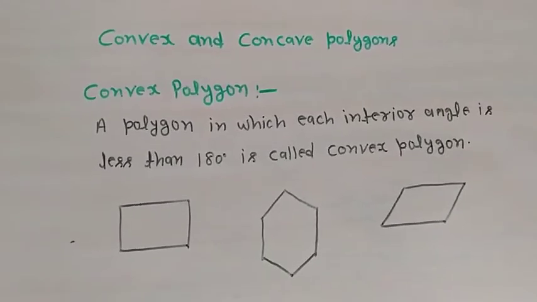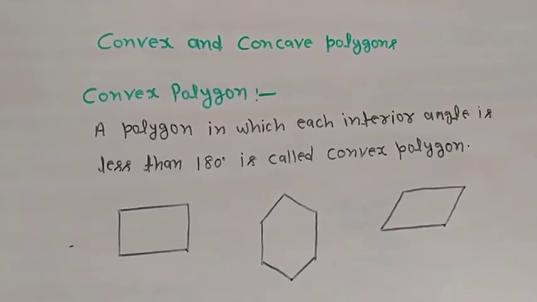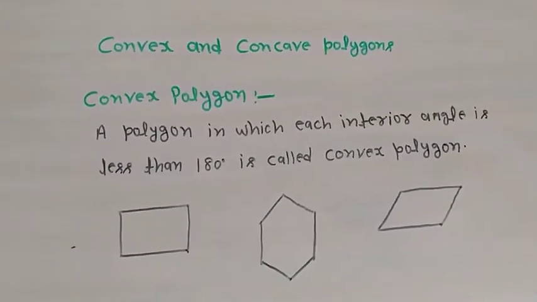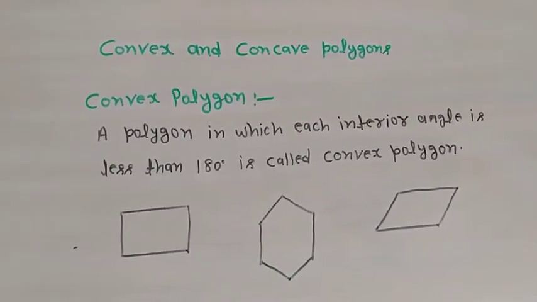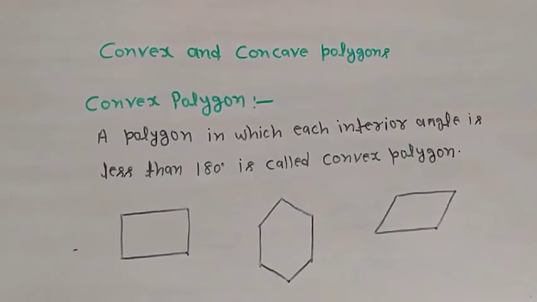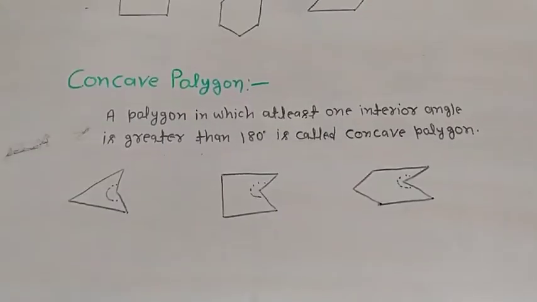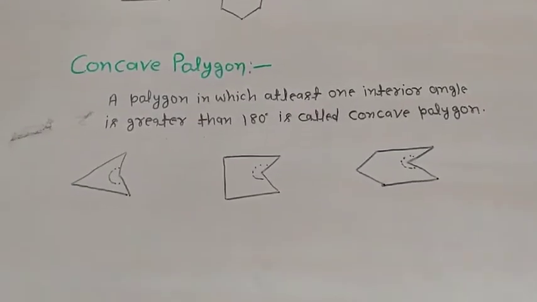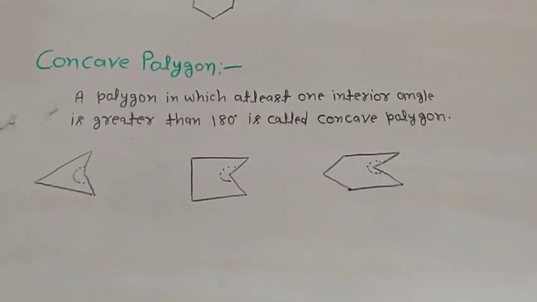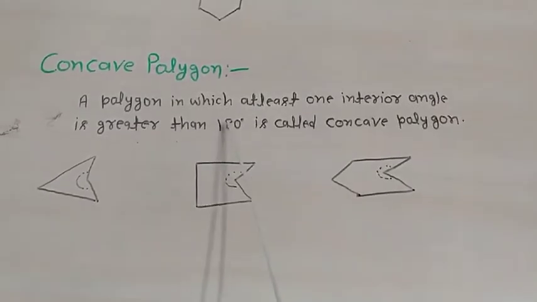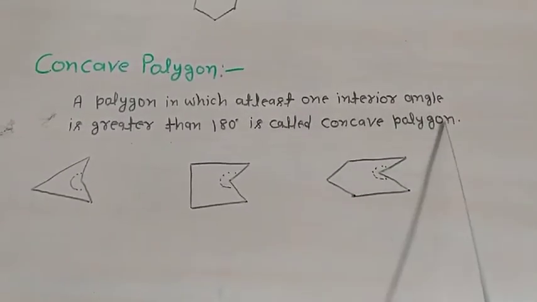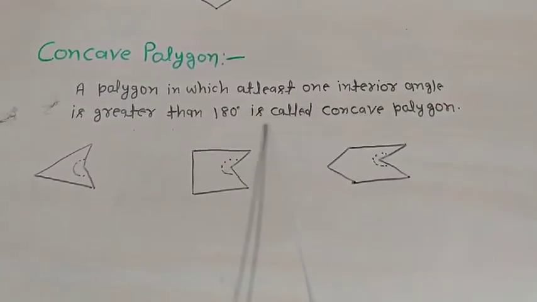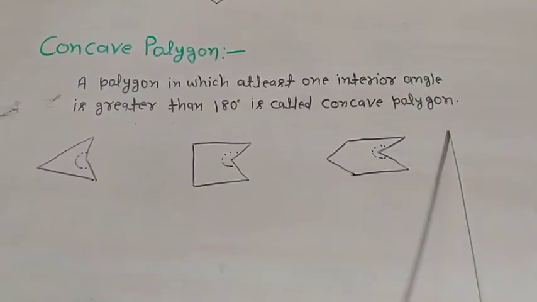Okay. Now we are going to discuss concave polygons. This is a concave polygon. A polygon in which at least one interior angle is greater than 180 degrees is called a concave polygon.